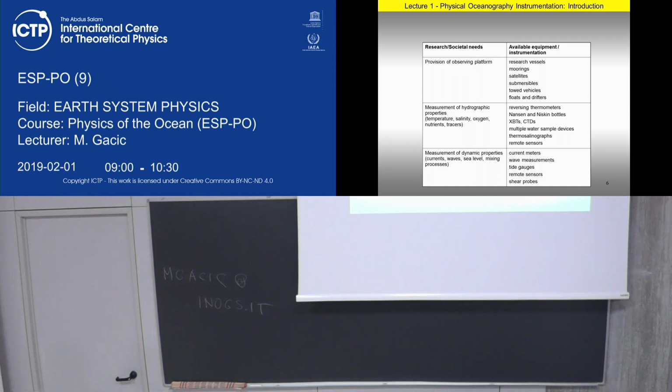These platforms present a basis where we put certain specific instrumentations to measure temperature, salinity, chlorophyll, nutrients, and so forth. Another very important thing is the measurement of hydrographic properties.